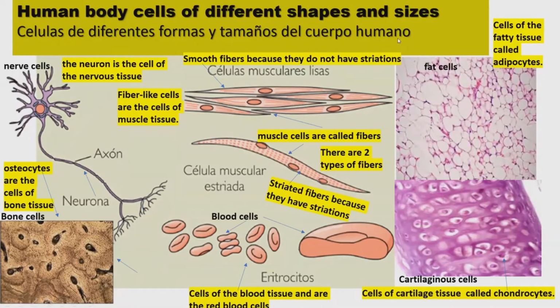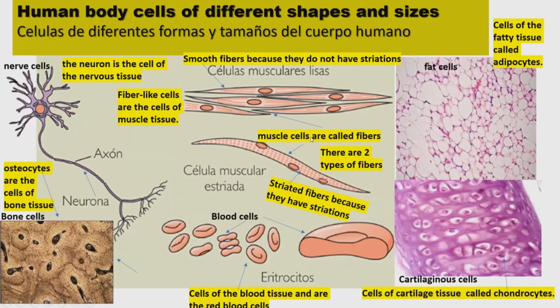Now, we will see some examples of human body cells of different shapes and sizes. For example, the neuron is the cell of the nervous tissue. Osteocytes are the cells of the bone tissue. Fiber-like cells are the cells of muscle tissue.